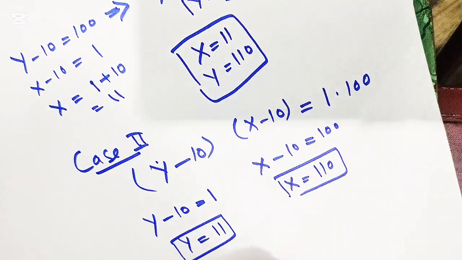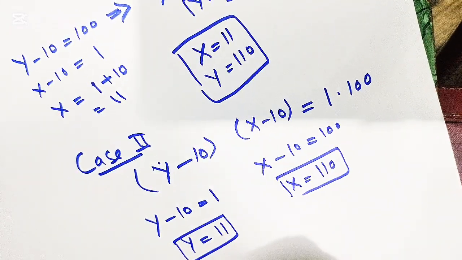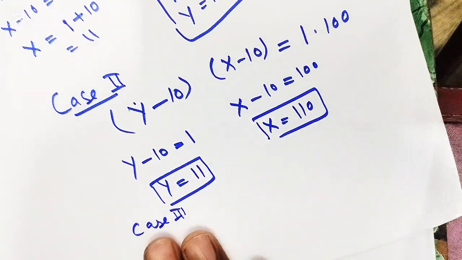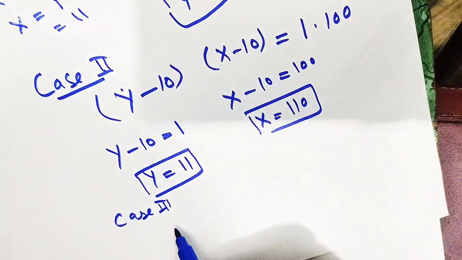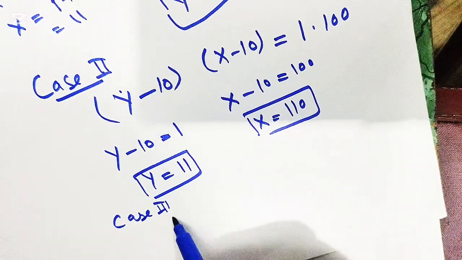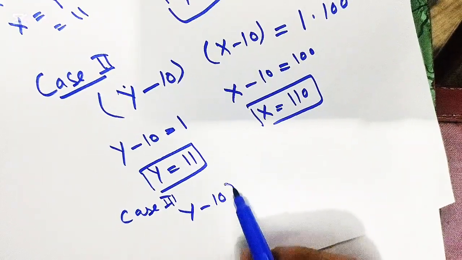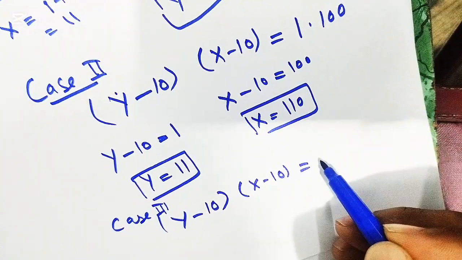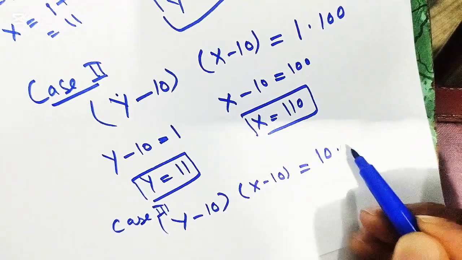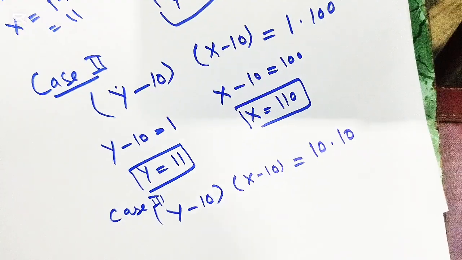What is the third case? Case 3 is (y minus 10) into (x minus 10) is equal to 100. We can write 100 as 10 into 10.